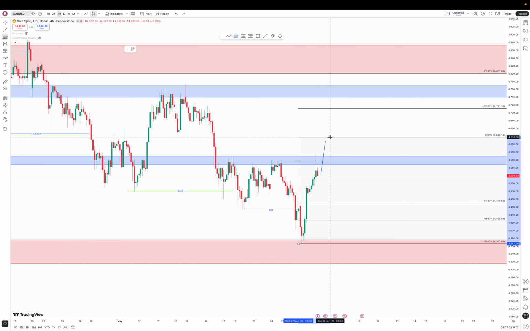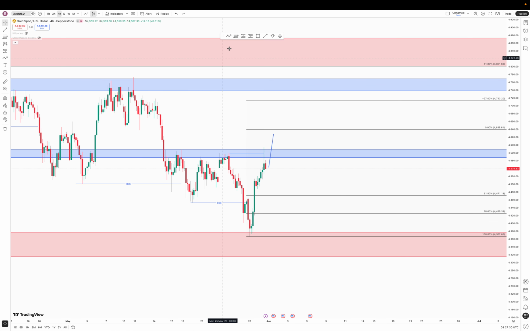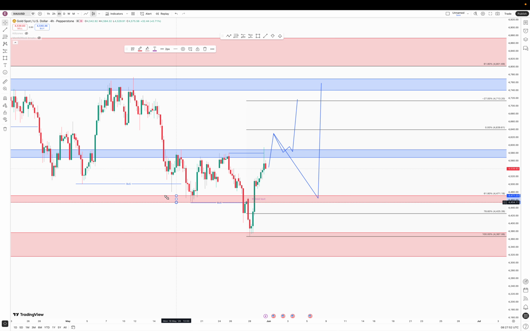Maybe if the price gets to this place, either the break and retest guys have their trade, or the price comes down to test this gap here around the 61 fib level or the 78 fib level.